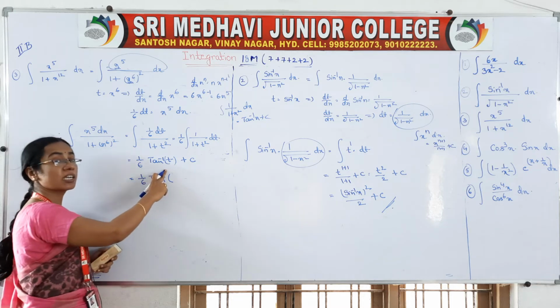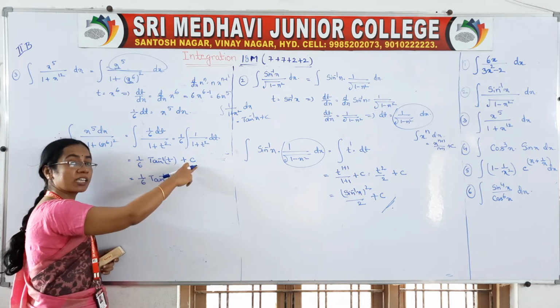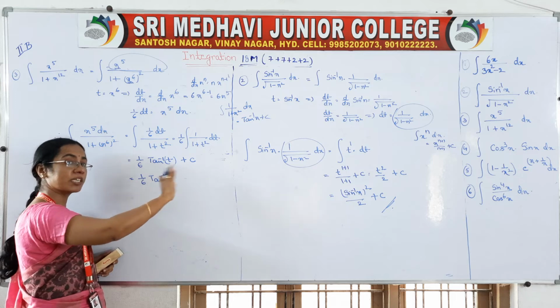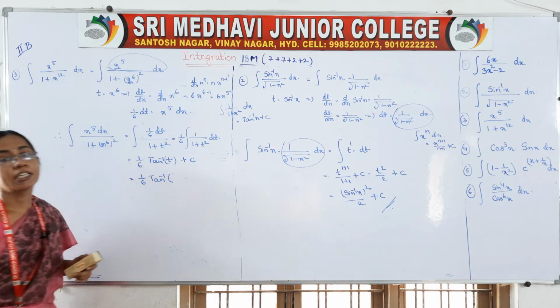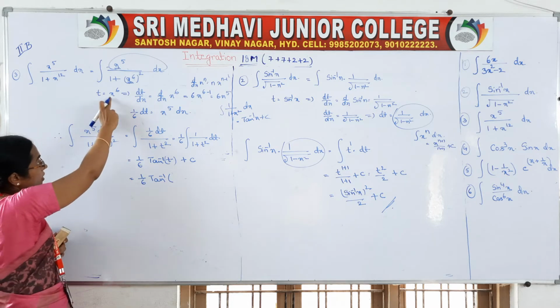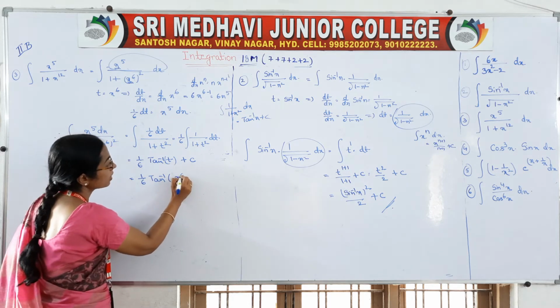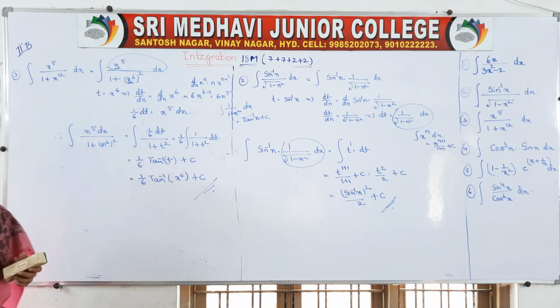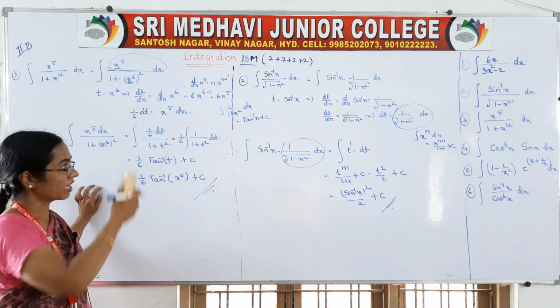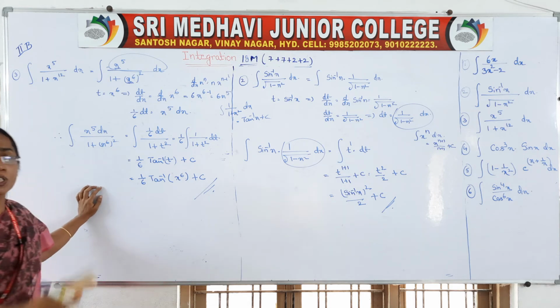Don't forget. Here integration is over, I have taken plus c. That's why it is completed? No, not completed. In t place, we have to substitute its original value. What is the value? x to the power of 6, plus c. That is the answer.